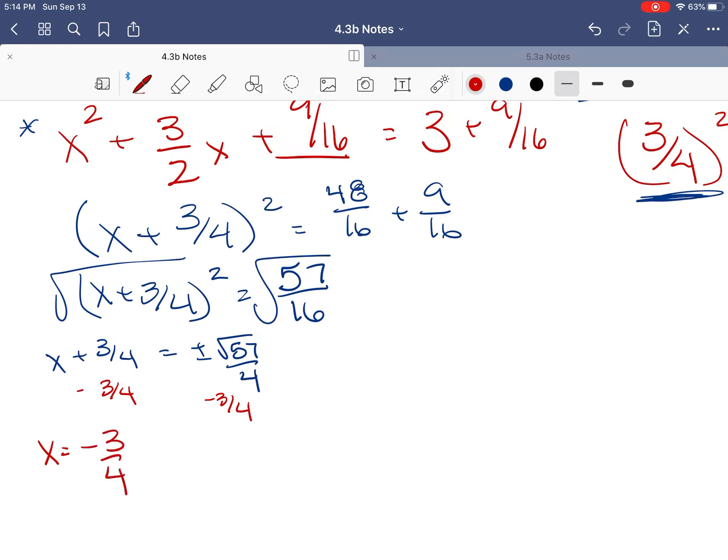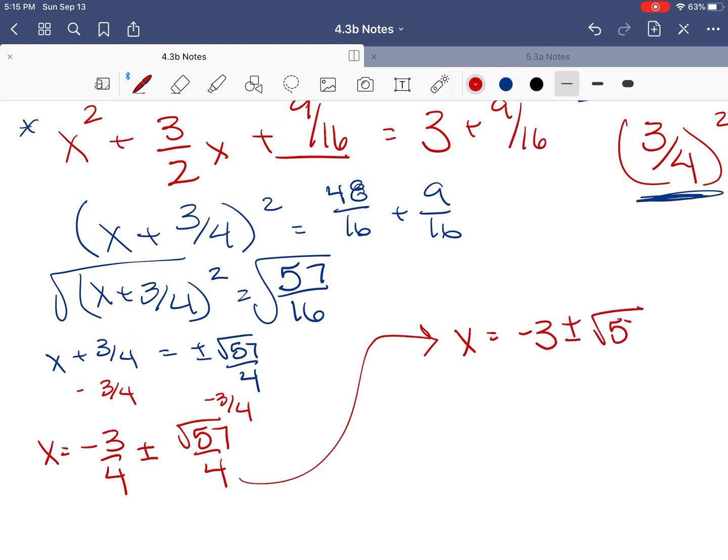X is equal to negative 3/4 plus or minus root of 57 over 4. We smile, we're happy, we've got common denominators. So x is equal to negative 3 plus or minus the square root of 57. I'm just assuming 57 doesn't have a perfect square in it. If not, you know what to do. And then over 4.